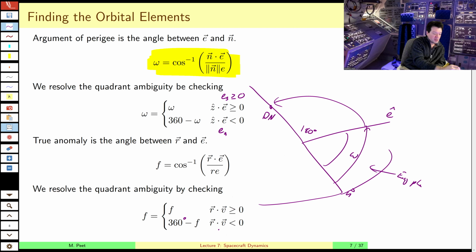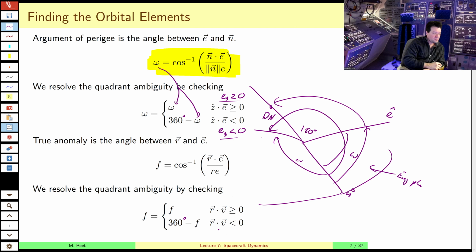If, however, that third component is less than 0, the eccentricity vector points into the southern hemisphere, so our periapsis will be in the southern hemisphere, and we have to do a little quadrant correction. We're pointing this way, so actually we're measuring this, and we do that by doing 360 minus the angle. So this gets corrected or not based on this case logic.